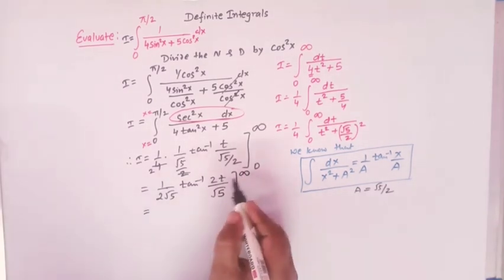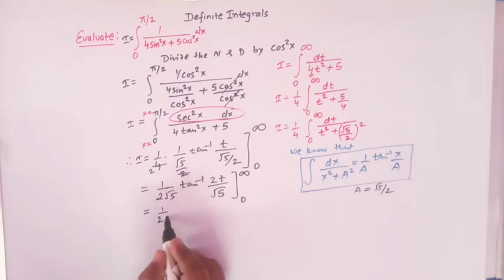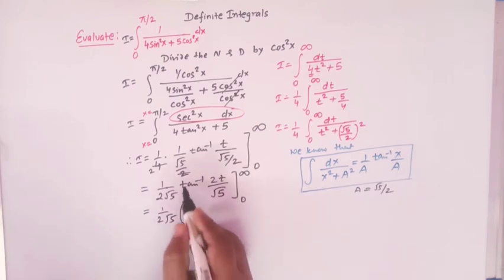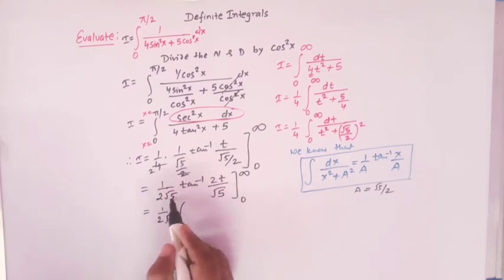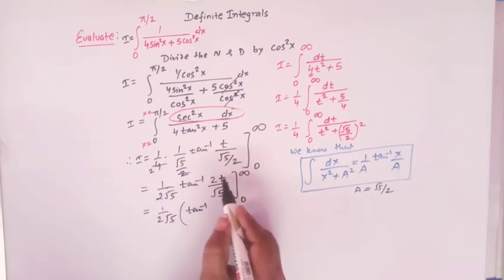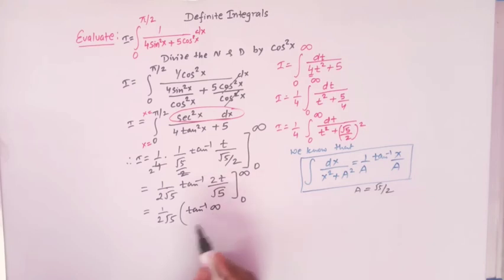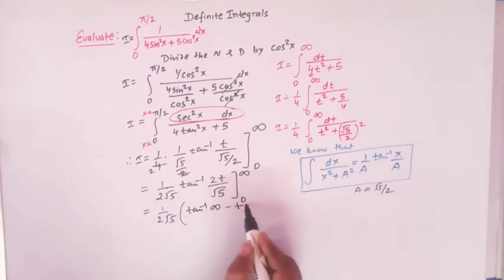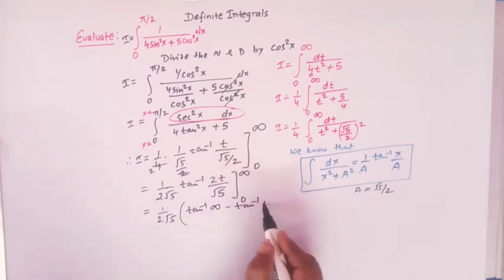Now we can substitute the limits and we'll take the difference. So now taking 1 over 2 root 5 outside, we have tan inverse for t equal to infinity minus tan inverse 0, right?